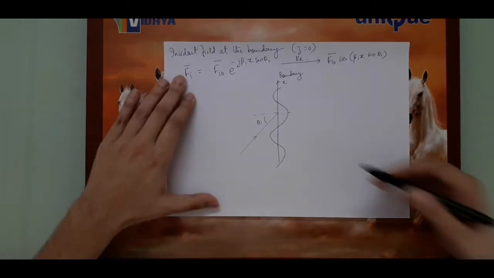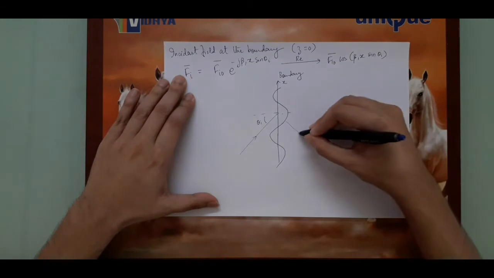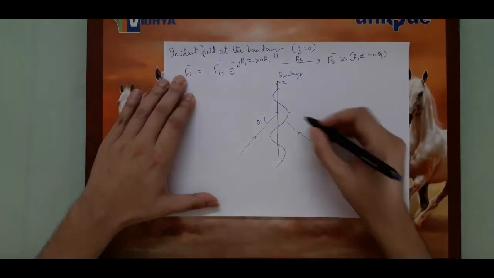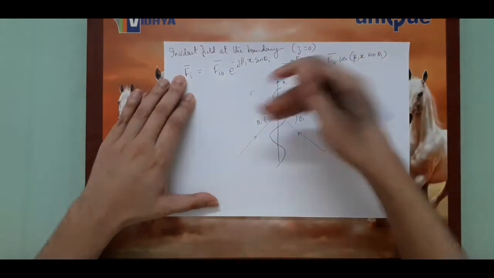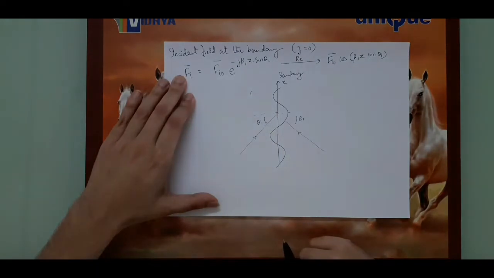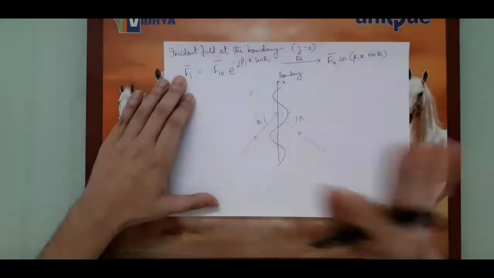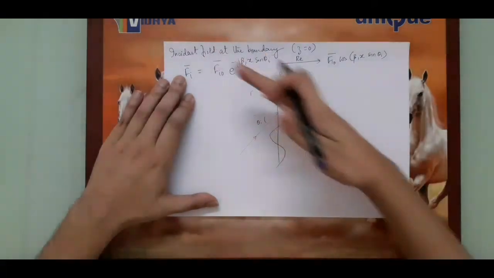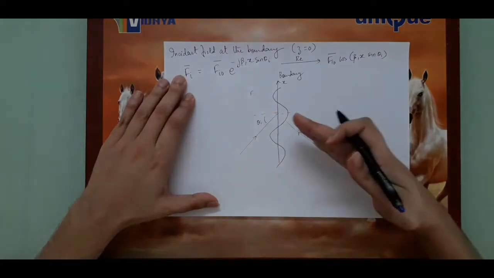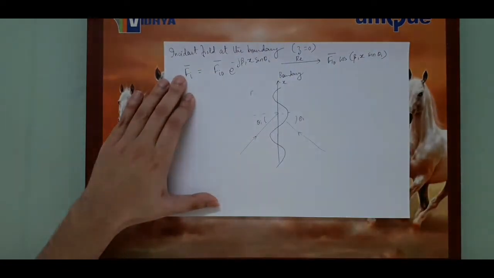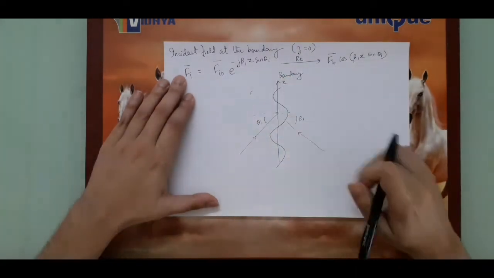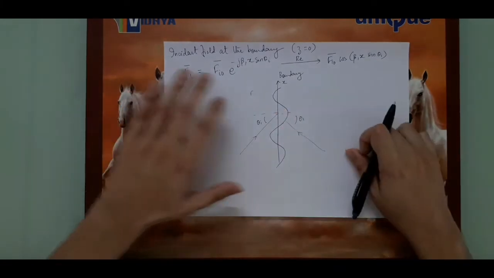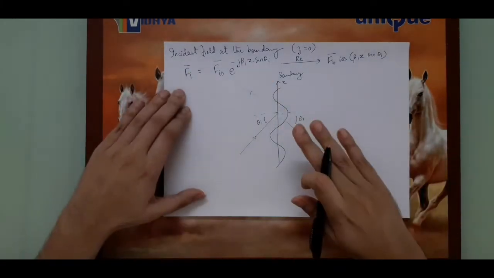If this wave is traveling along this side with the same angle, let us say theta I, you will see that a similar phenomenon will happen over here. If you write it using direction cosines, you will see it is very similar. So it can be caused by a wave either here or here. The person in medium 2 will say that if a wave like this was incident on this surface, a very similar field variation, a disturbance, would have happened.